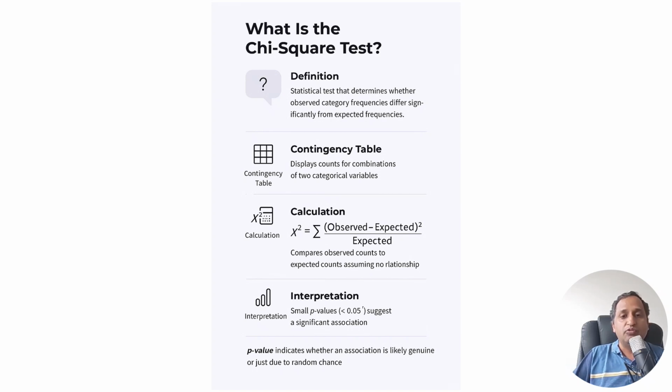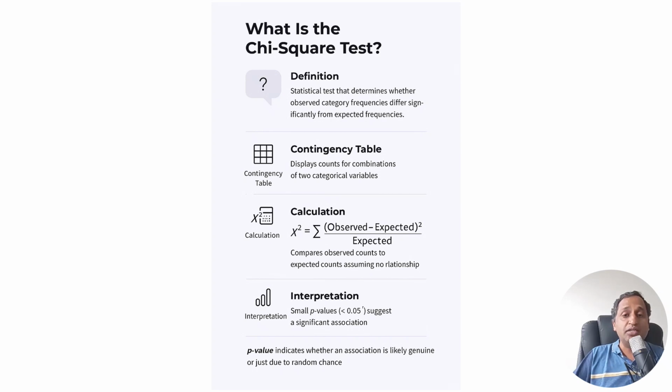So here is how it works under the hood. It starts with something called a contingency table, also known as a cross tabulation, as we have seen in the previous slide. This is just a simple grid showing how two categorical variables intersect, for instance, how many low credit customers went bankrupt versus who didn't.